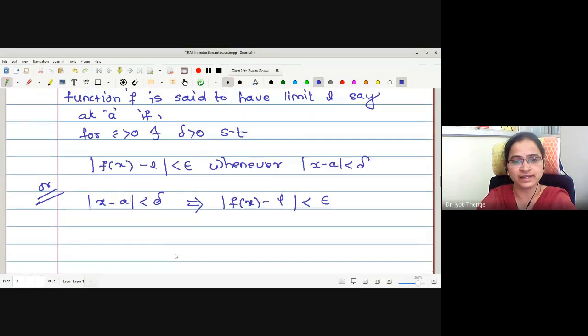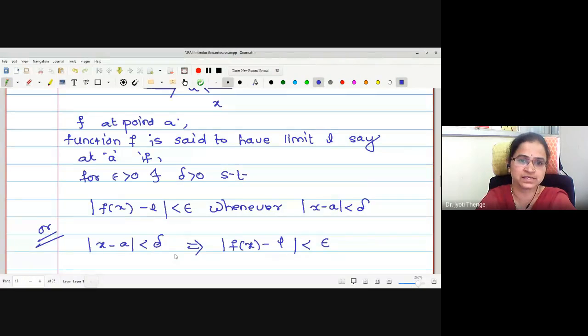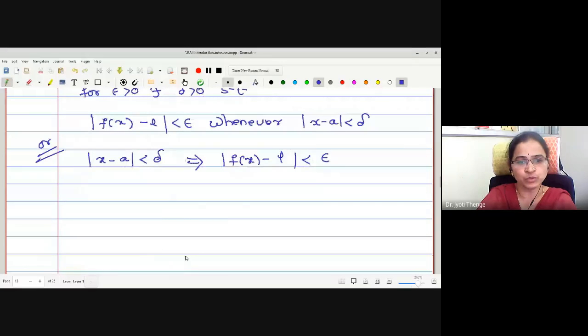Shall I continue? When we say that the limit of the function exists. Okay. Now let us come to the next definition, of a continuous function.